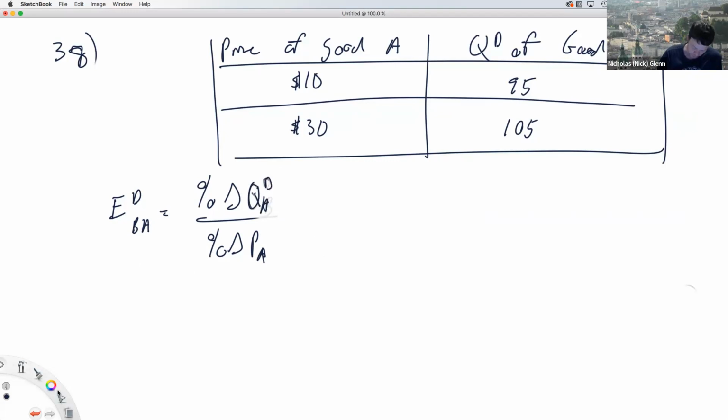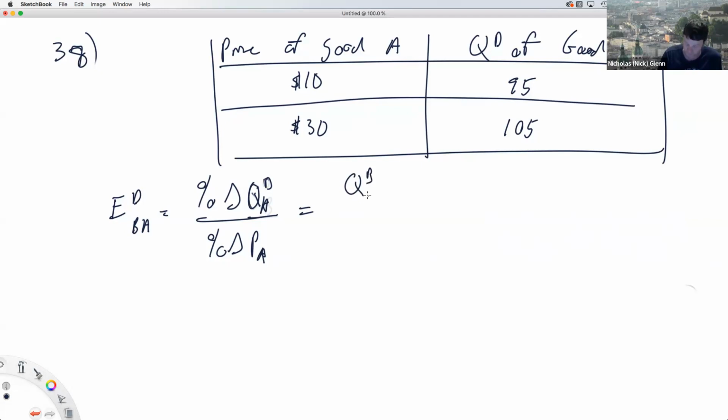You're going to use the same type of formula here. It's just that you're looking at different numbers, because you're looking at the relationship between the price of good A and what kind of change it causes in the quantity demanded of good B. So this is actually cross price elasticity, but the midpoint formula is going to be the same.